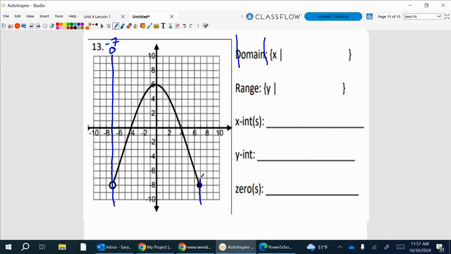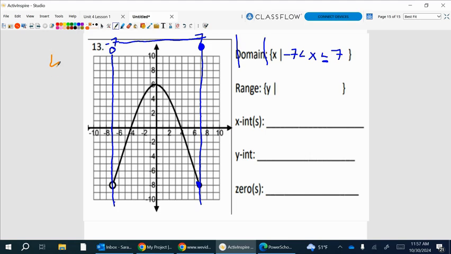And this is my farthest wall on this side with a closed circle at positive 7. So my domain is from negative 7 to positive 7, x in the middle, less than, open circle here, so no underline, closed circle for the positive 7, so I do underline.